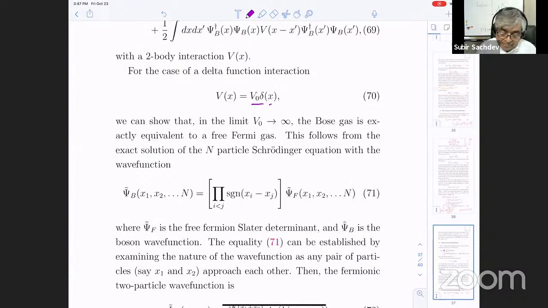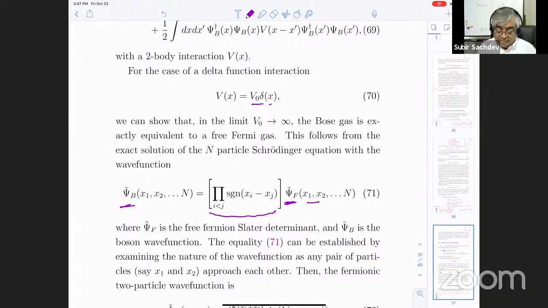So in 1D, there's a very simple way to take any wave function of n particles, which we call psi b, and convert it to a wave function for fermions of n particles. Any state can go from one to the other just by this factor, sign of xi minus xj. So if this state is symmetric, the fermionic state is anti-symmetric under interchange, and so the combination will be symmetric.